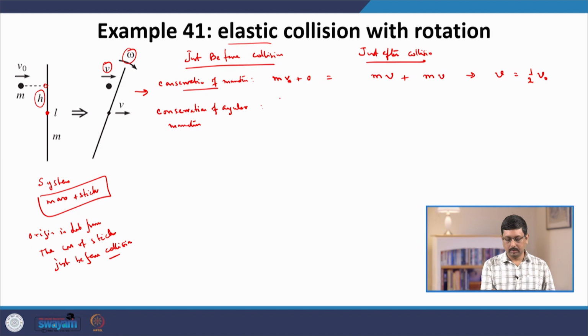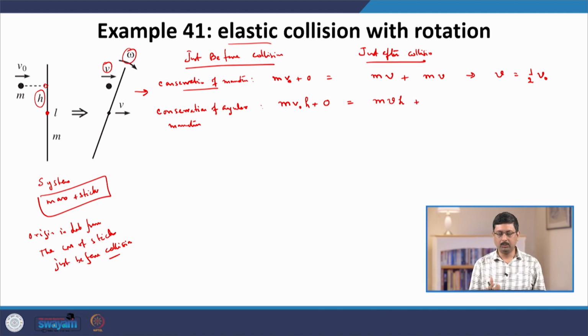So the angular momentum is m v naught h. The stick was at rest, so its angular momentum is 0. After the collision, the angular momentum of the point mass is, let us say, m v h.